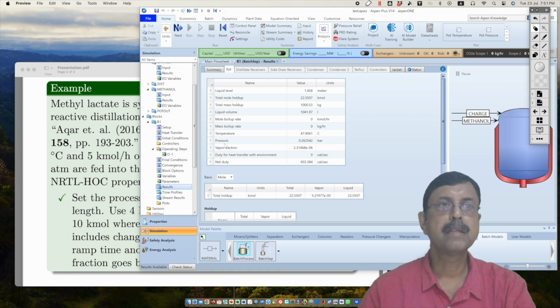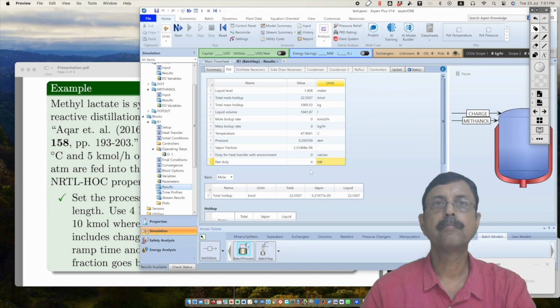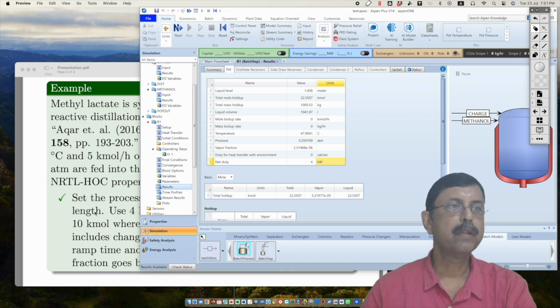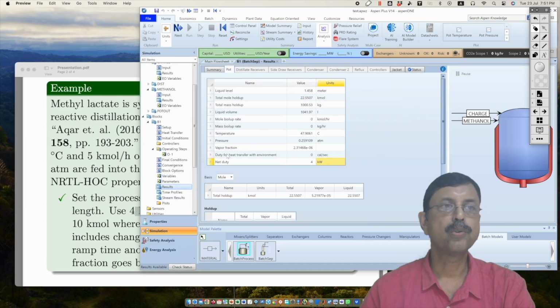The temperature, pressure are given over here. And vapor fraction also is given. The net duty is 955 calorie per second, which amounts to 4 kilowatt. Obviously, the pot 4 kilowatt duty has been given over here. So that is exactly what it is showing.